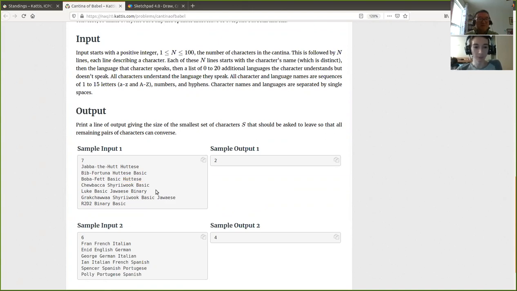So what's the question? You want to keep the largest number of people inside the room, or in other words, take away the smallest number of characters, so that everyone who remains in the room can converse. That doesn't mean it has to be direct.